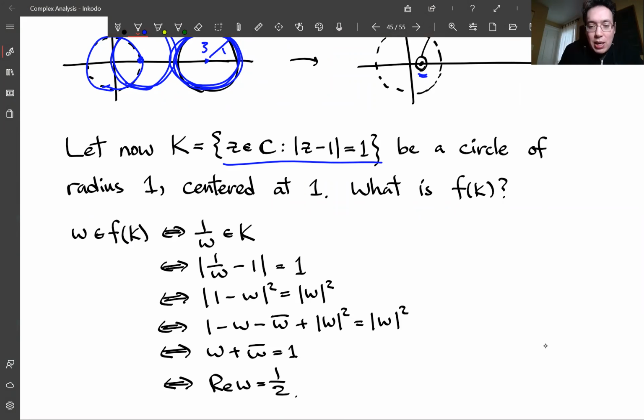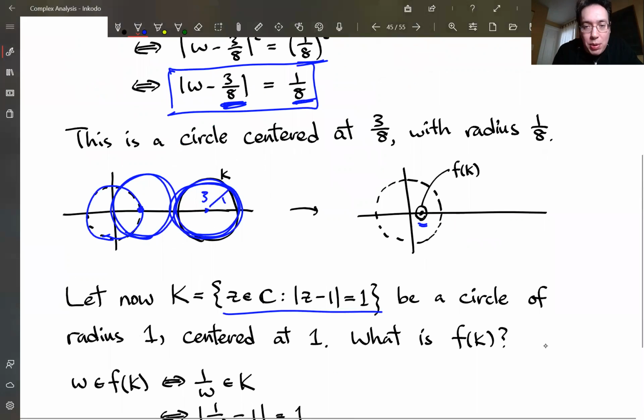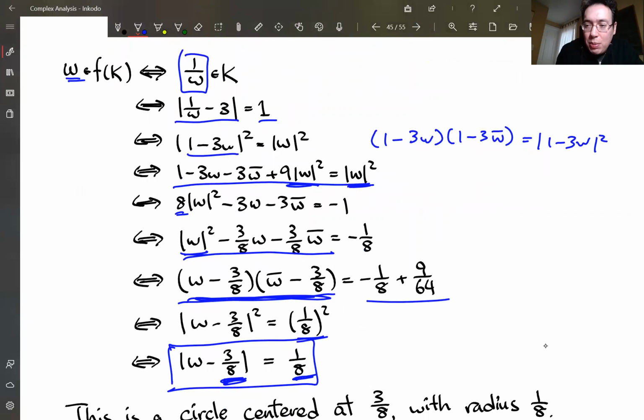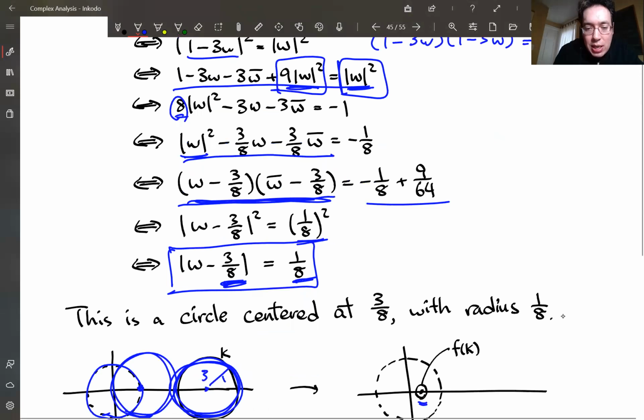because they're similar, but the key thing to point out is that at one step, we combine the coefficient of modulus W squared in the previous computation as well. Here we had 9W squared and W squared here, and then we subtracted it and got the coefficient 8.